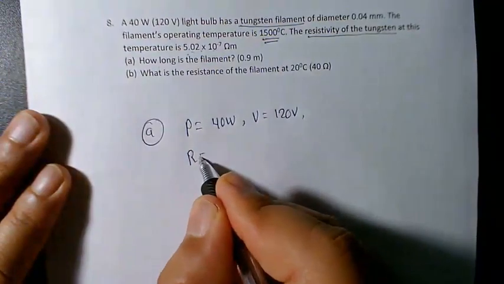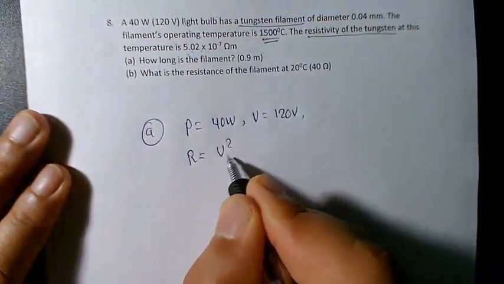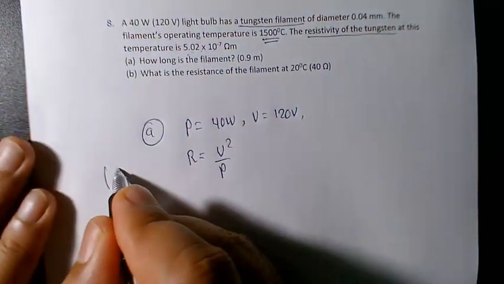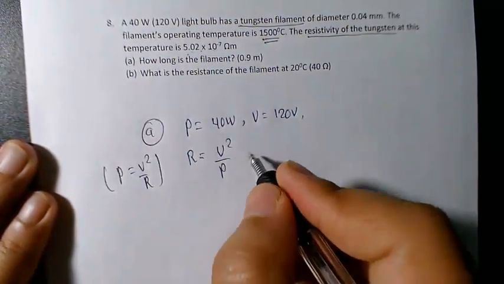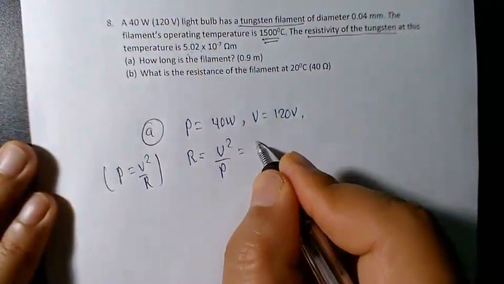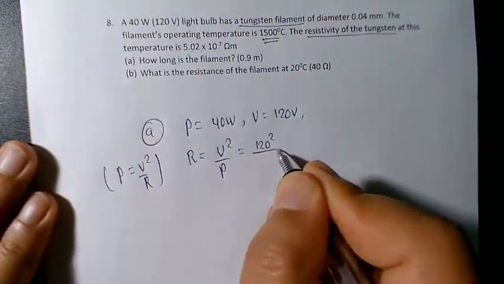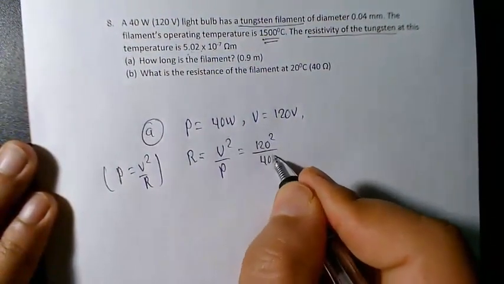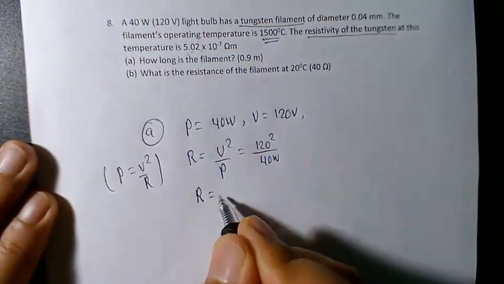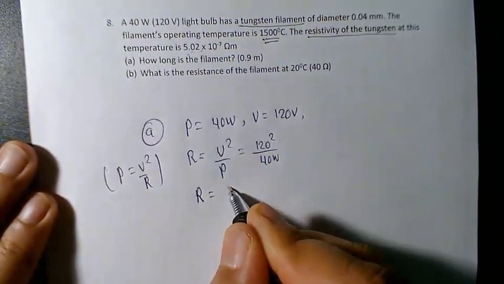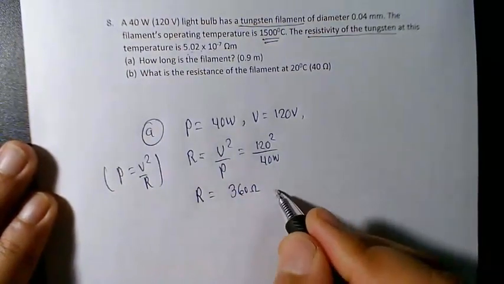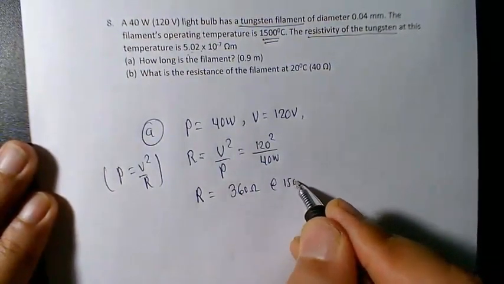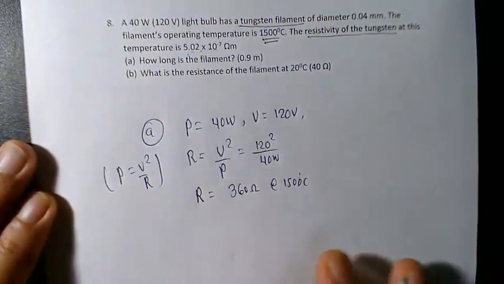Resistance is voltage squared divided by power, because power is V squared over R. So V squared over P: V is 120 volts and 40 watts, and the resistance of the filament is 360 ohms, and this is at 1500 degrees Celsius when it is operating, right?